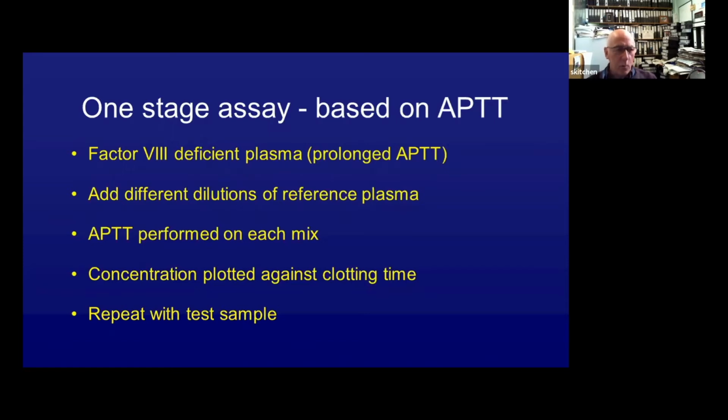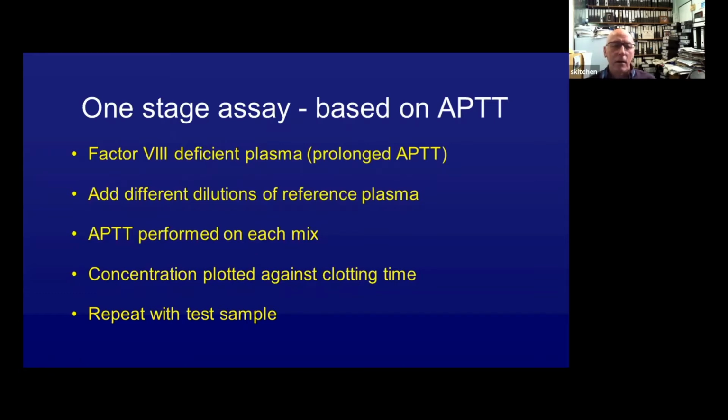So this slide shows a one-stage assay and the components. We have factor VIII deficient plasma. We make some dilutions of a reference or calibration plasma. We mix those two reagents, and we perform an APTT on that mix. Just as we have many different types of APTT reagent available for APTT determinations, all of those reagents are also used in one-stage factor VIII assays.